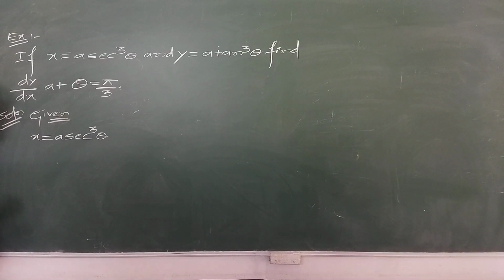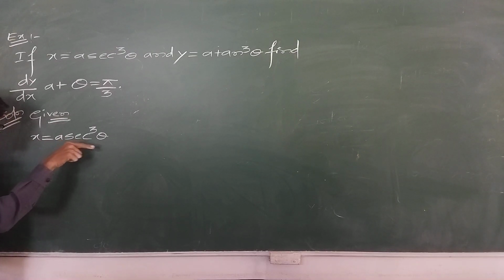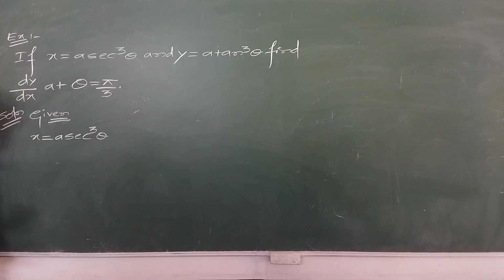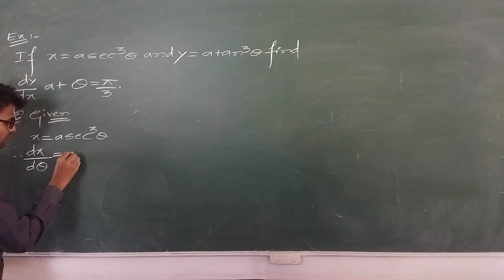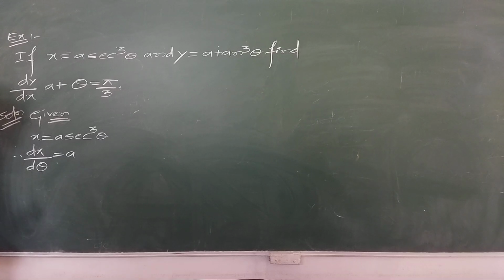Differentiate this with respect to theta. Why are we finding the derivative of x with respect to theta? Because theta is the parameter here. See, x is in terms of the variable theta, and theta is the parameter. So therefore, you find the differential of x with respect to theta. dx by d theta is equal to a, the constant, you write outside.